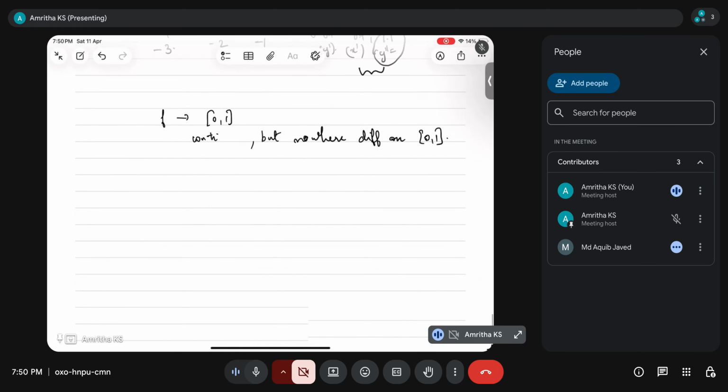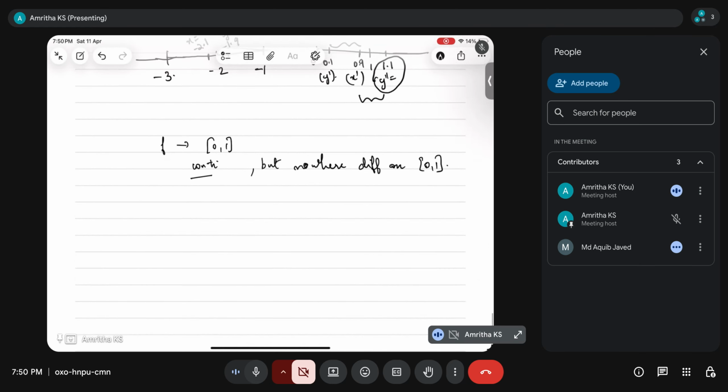Now what about this? F is continuous. If it's continuous everywhere but nowhere differentiable, I know there exists some function, but I don't know that function. What if f is monotone? What if I add monotone?